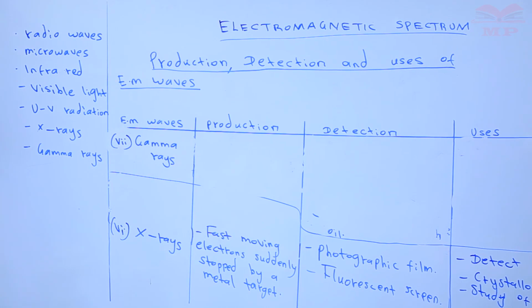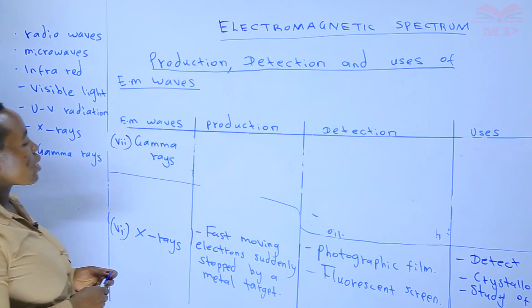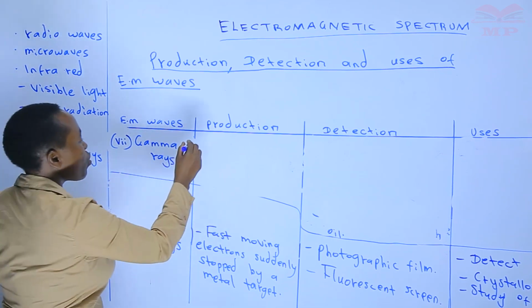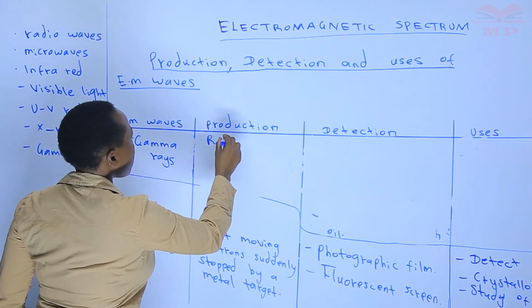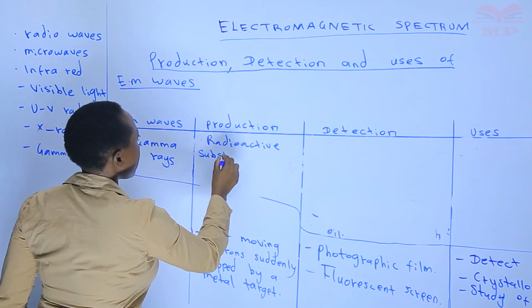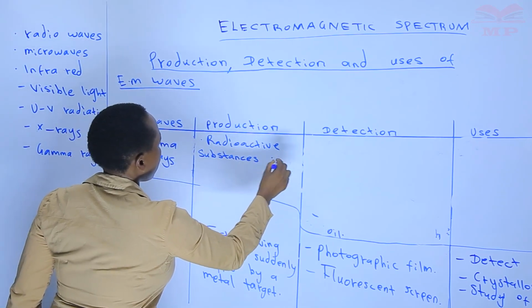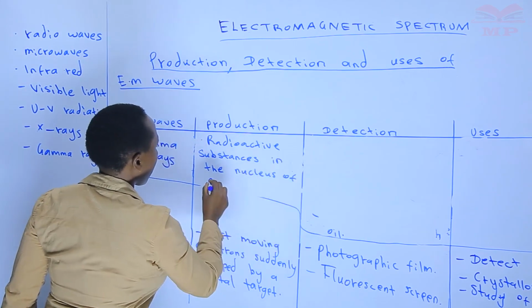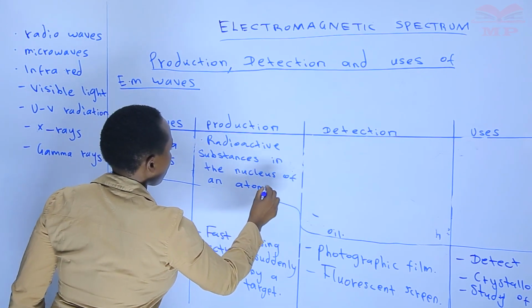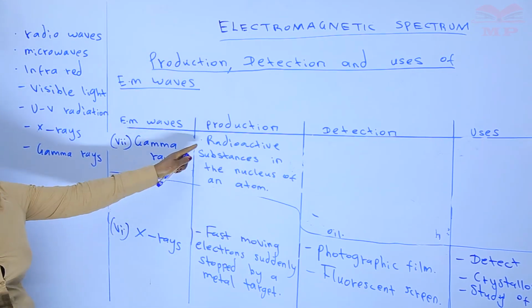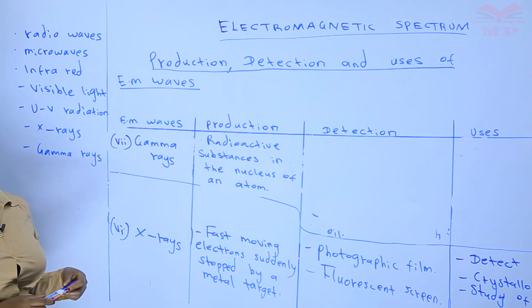They are produced when a radioactive substance undergoes some disintegration in the nucleus of an atom. So they are produced by radioactive substances in the nucleus of an atom. In the topic radioactivity, that's where we talk about the radioactive substances.